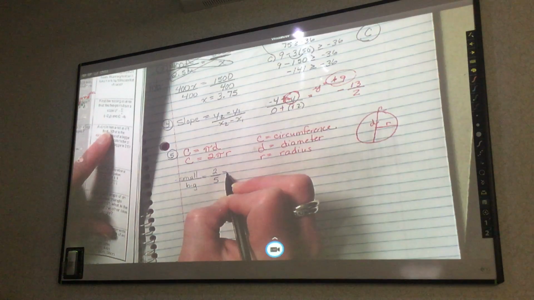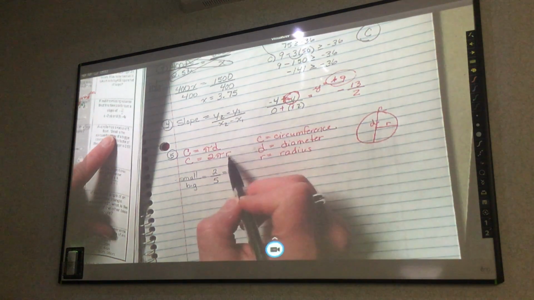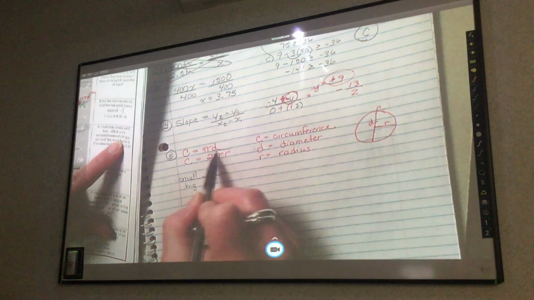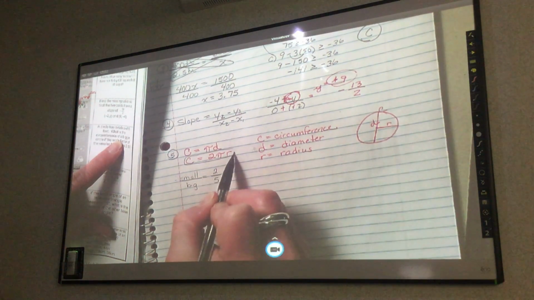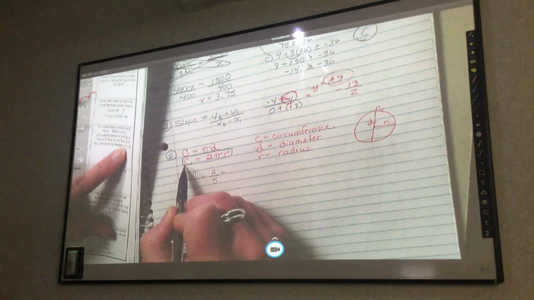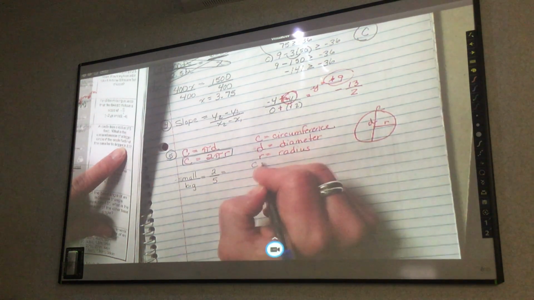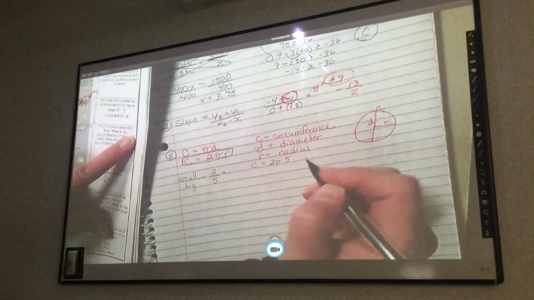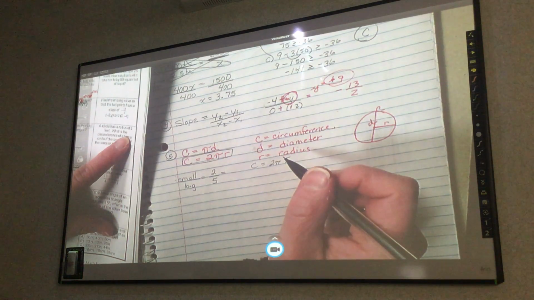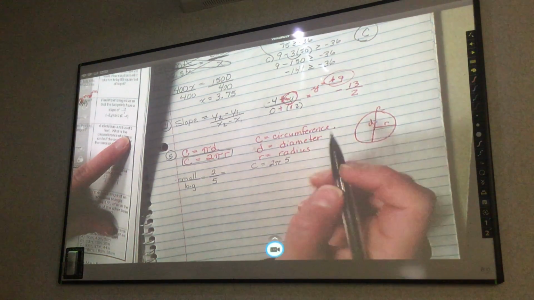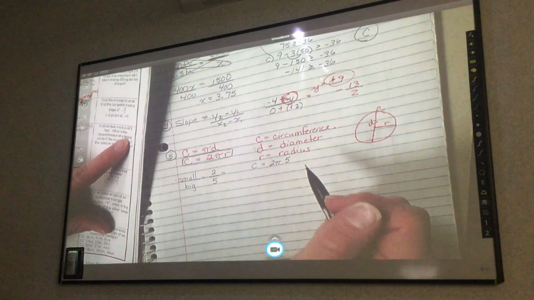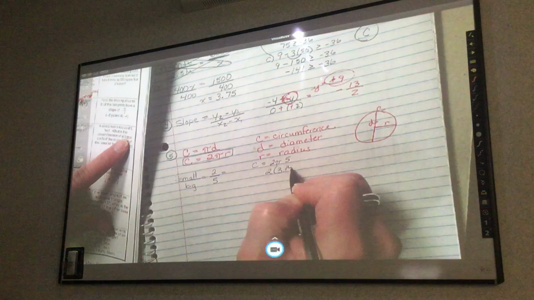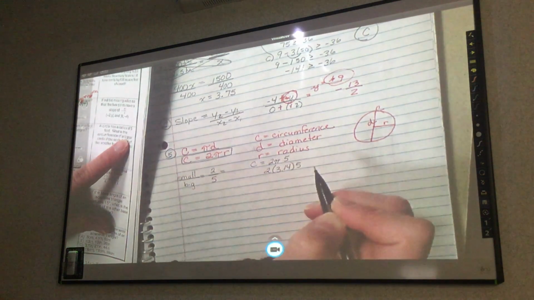So if my radius is 5 feet, I'm going to use this formula here to find the circumference. So the circumference equals 2 times pi times 5, because 5 is my radius. What is pi? 3.14.